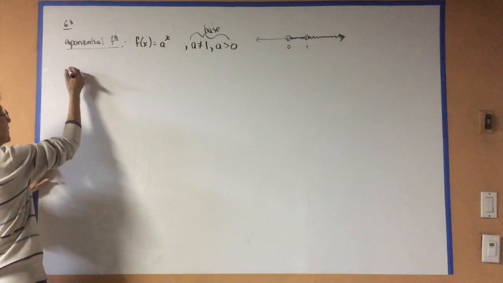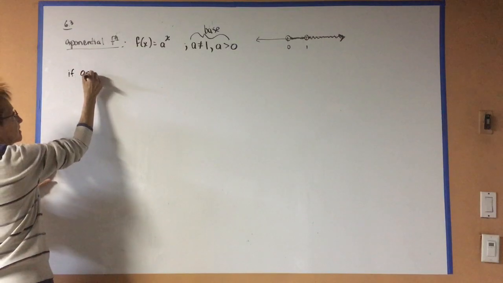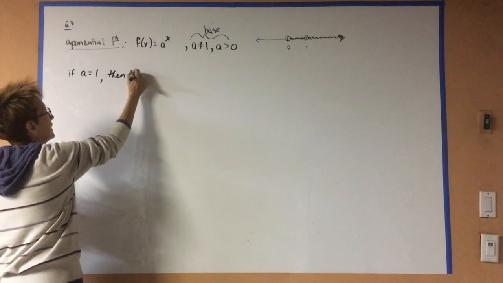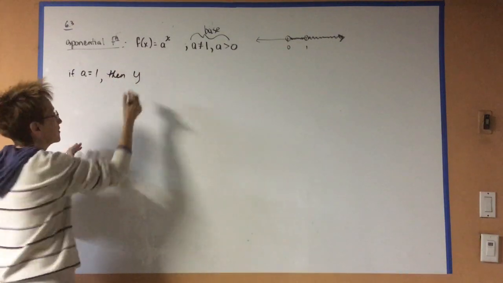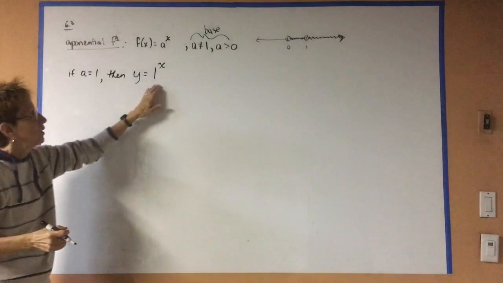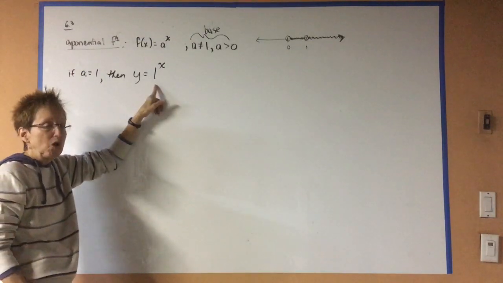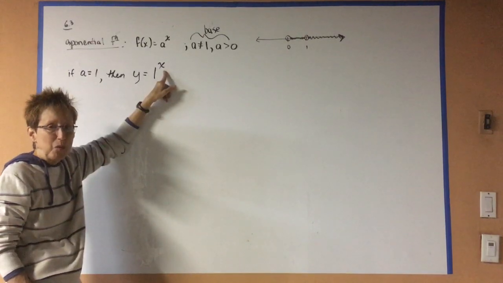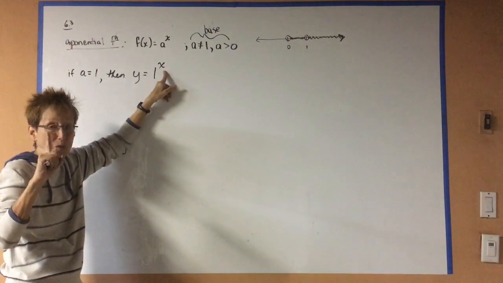So think about this. If a is equal to 1, then what I have here is, I'm going to replace this with y because it's easier to look at. Then y is equal to 1 to the x power, right? If a is 1. But think about this. What's 1 to any power? Even 0. 1 to any power is 1.